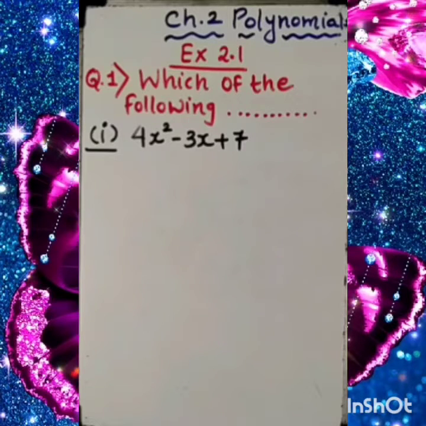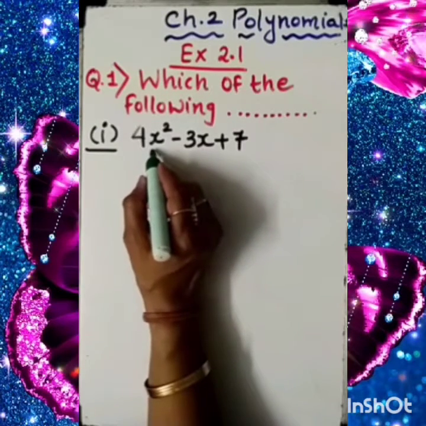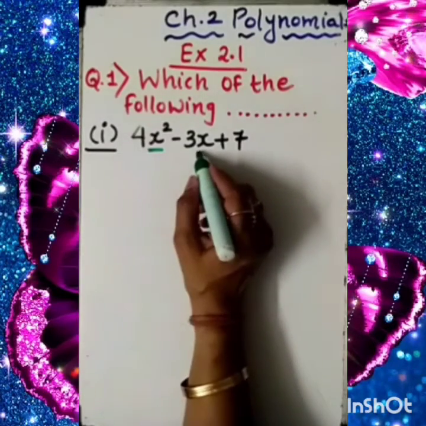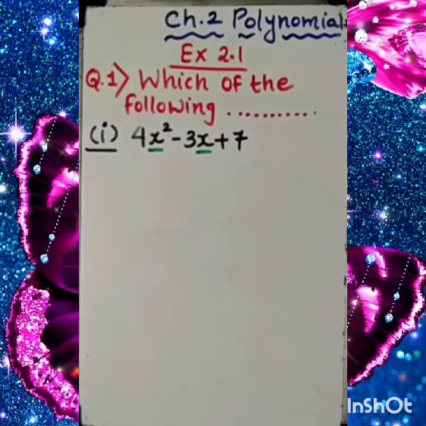Now the question is, which of the following expressions are polynomials in one variable? Variable means that the value varies. Here you can see x is the only unknown variable. Except the x there isn't anything else. So it has only a single variable, that is x.